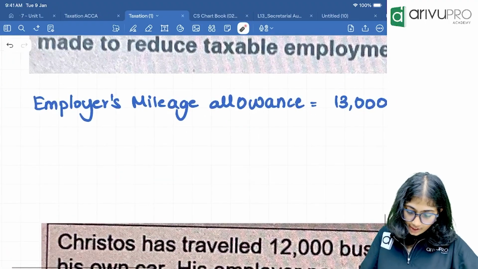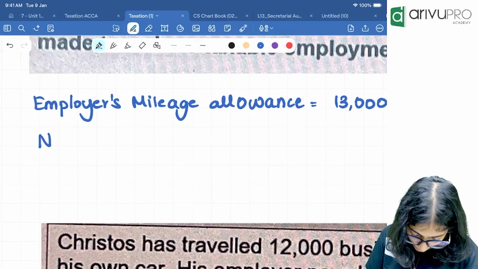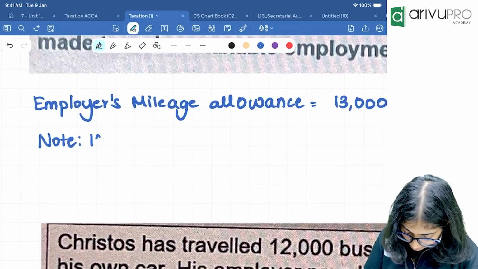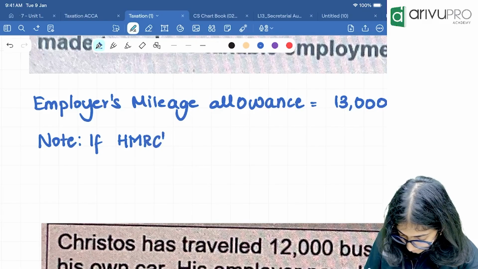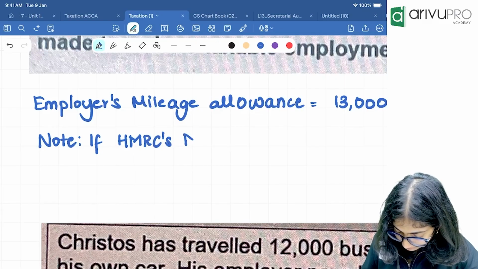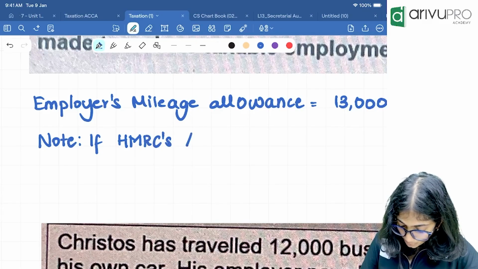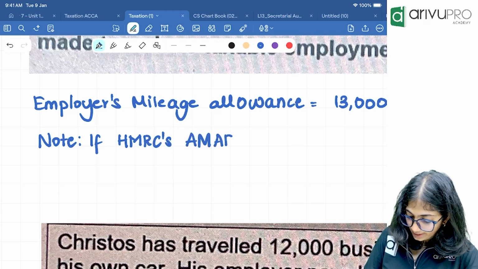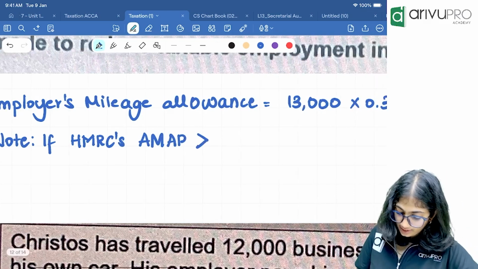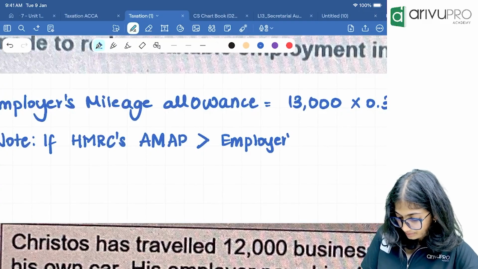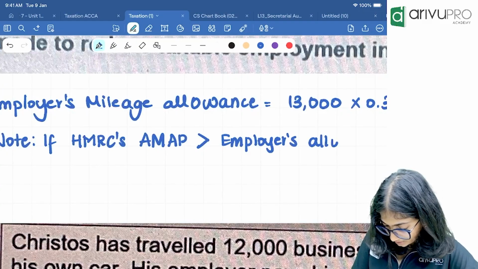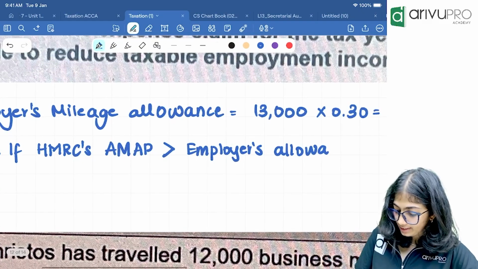What is given here? Let's write a note. We know that if HMRC's approved mileage allowance is greater than the employer's mileage allowance, then there will be a net deduction.